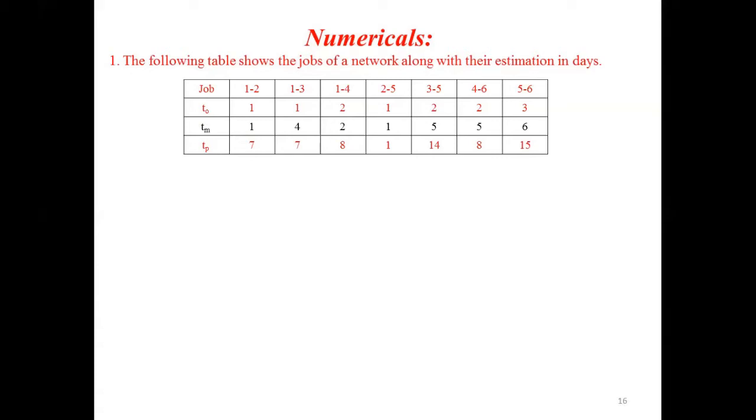There are activities between 1 and 2, 1 and 3, 1 and 4, 2 and 5, 3 and 5, 4 and 6, and 5 and 6. There are a total of 6 jobs and 7 activities, and they are given T naught, TM, and TP. T naught is optimistic time, TM most likely time, and TP pessimistic time.